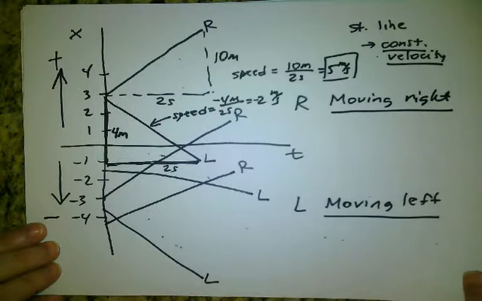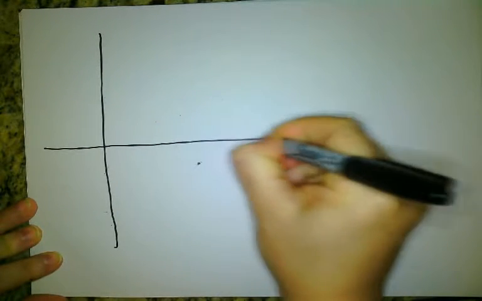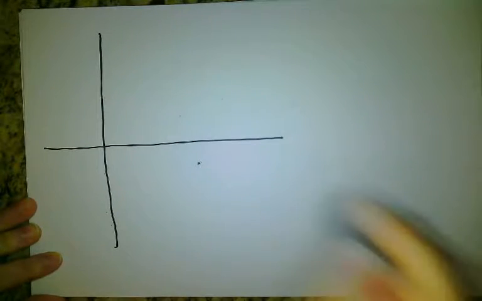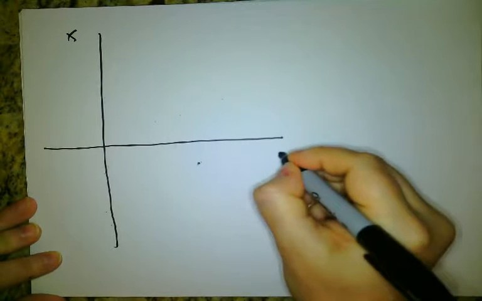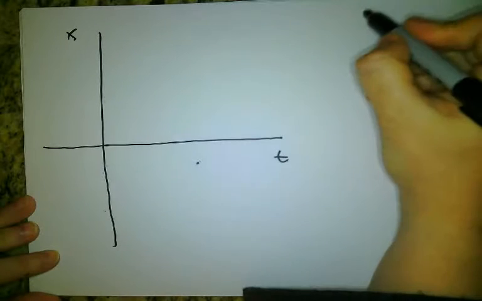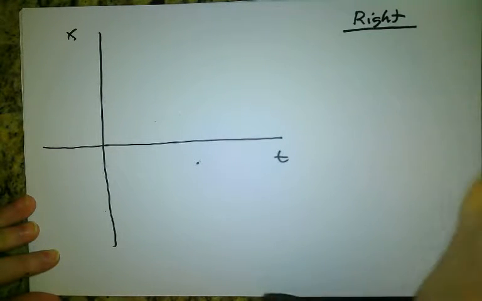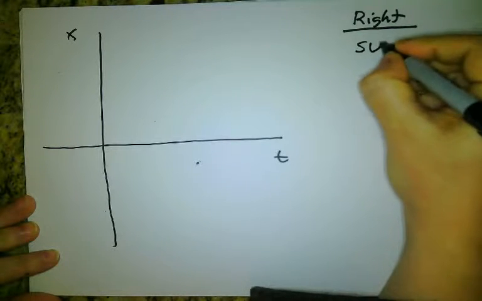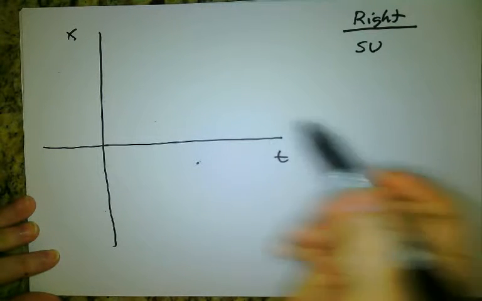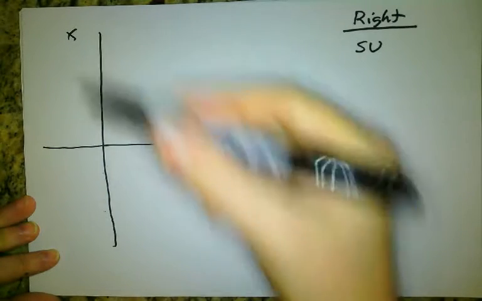All right, let's do a quick summary of the curvy graphs. Curvy graphs don't mean constant velocity anymore. They mean acceleration. That's how you know the object is accelerating. So let's say I have something moving to the right and speeding up, let me call it SU here. Remember, right means position numbers have to get bigger.